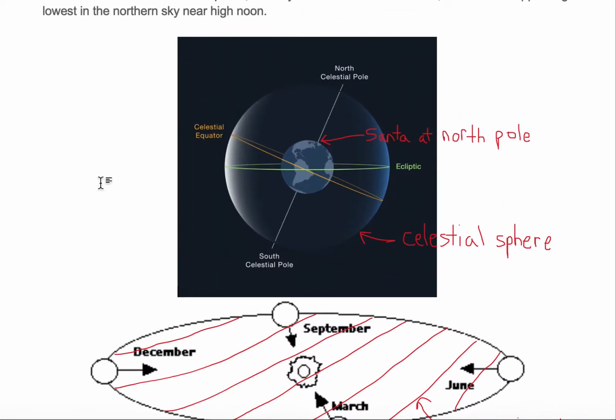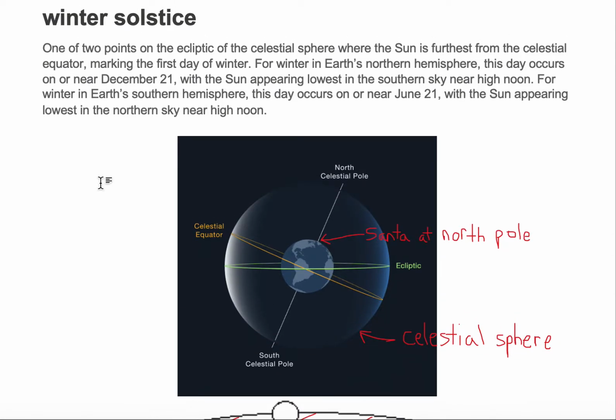Now let's go back and look at our definition for winter solstice. It says one of 2 points on the ecliptic of the celestial sphere. Well, here's the ecliptic, so it's got to be 2 points along this green line, where the sun is furthest from the celestial equator.